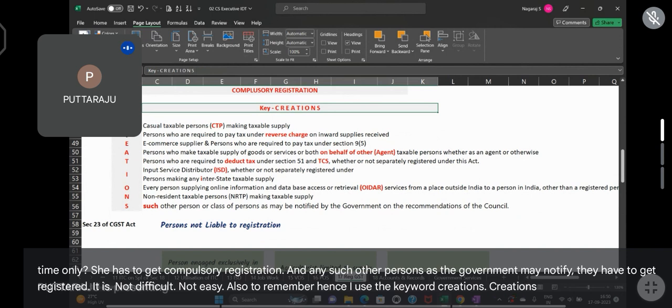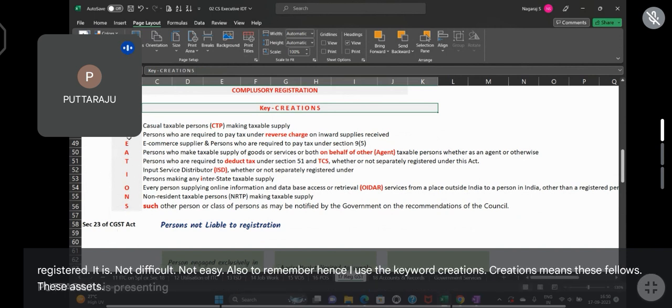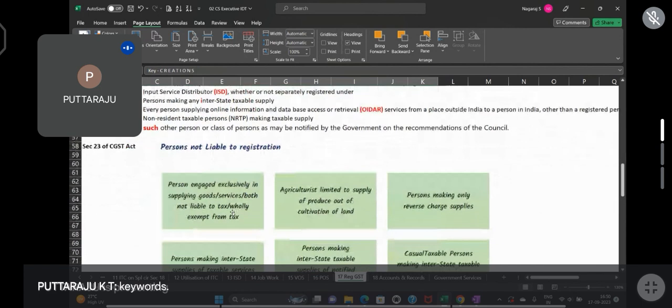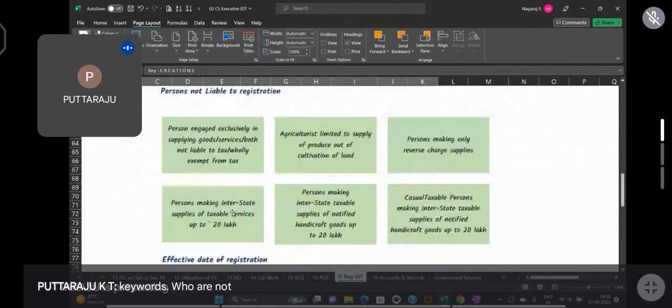Creations means these assessees. Wherever I have made it in red, these are all the keywords. Who are all not registered?